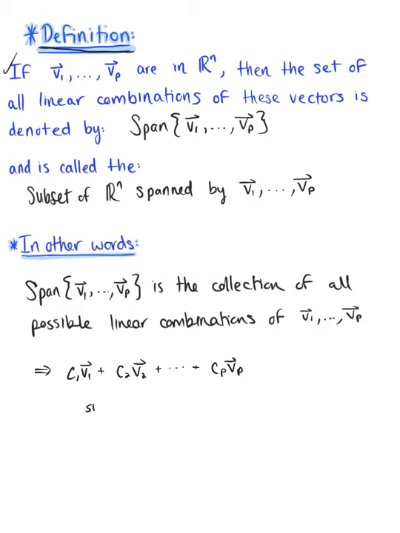And this, of course, is such that c sub 1 all the way up to c sub p are the weights, or the scalars, or the coefficients. So the span of a set of vectors is the collection of all possible linear combinations of those vectors, such that we can write them in this form.